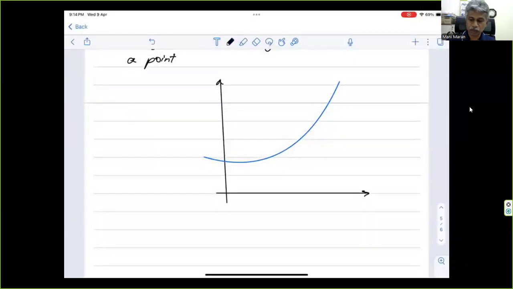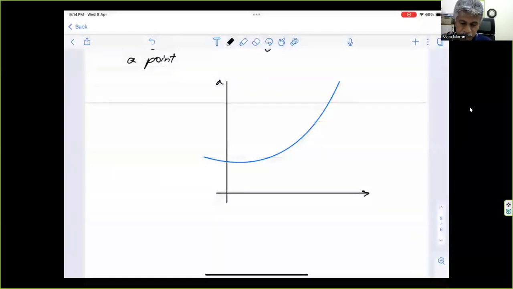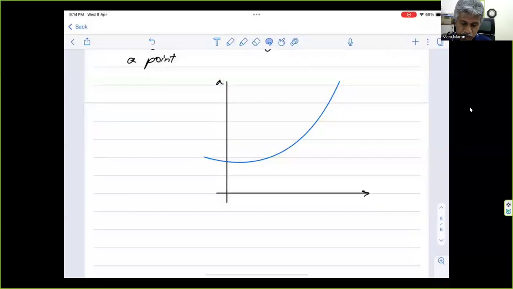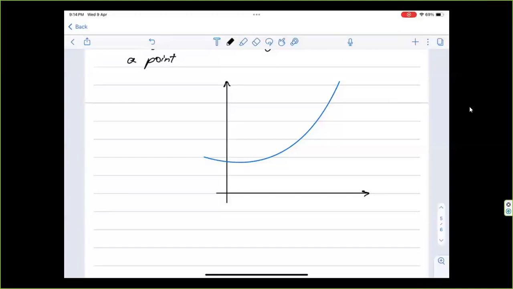Now this one is supposed to be a vertical line, a proper vertical line, but it doesn't look vertical. I think I'll erase this first and draw again, with an arrowhead.